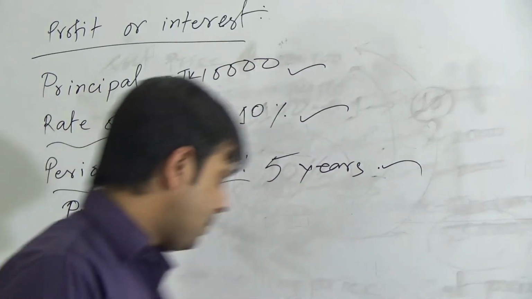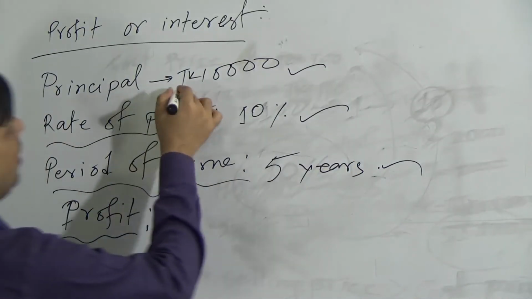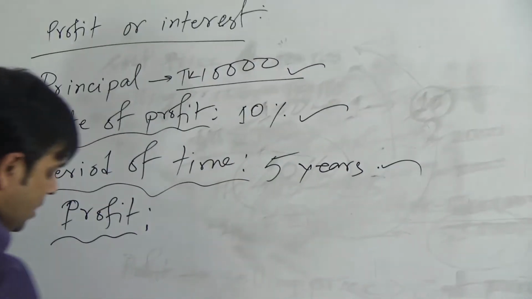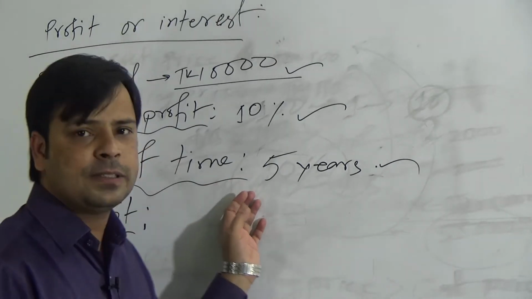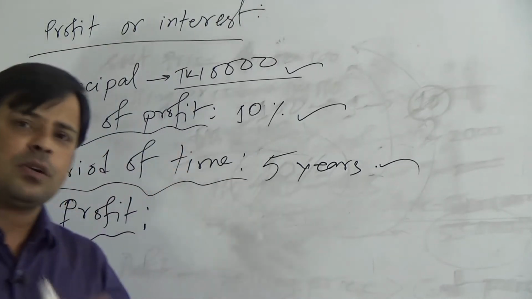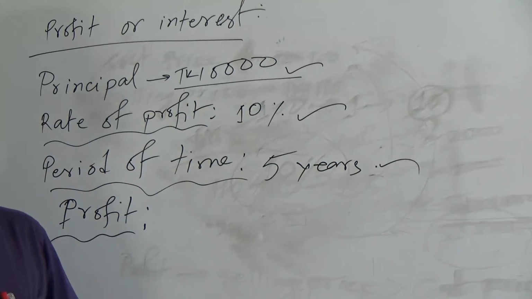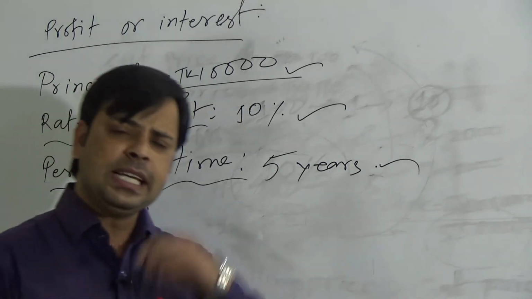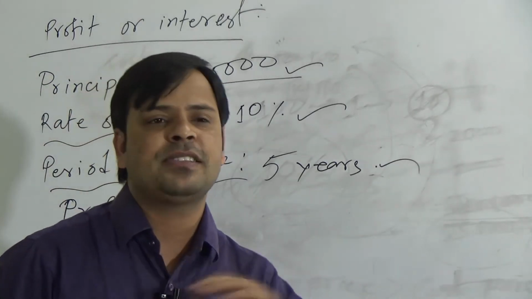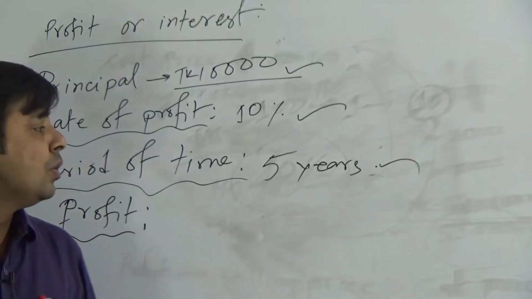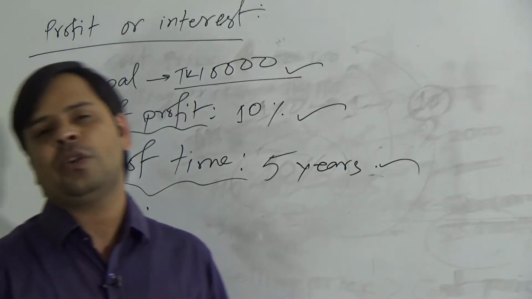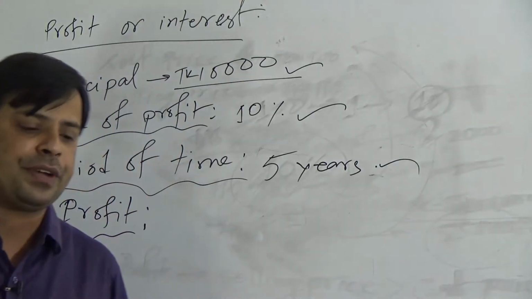It means that suppose I have deposited 10,000 in a bank for 5 years. So every year we will get a profit, and for each year the profit will remain same and the principal will also remain same. So this type of profit is known as simple profit.